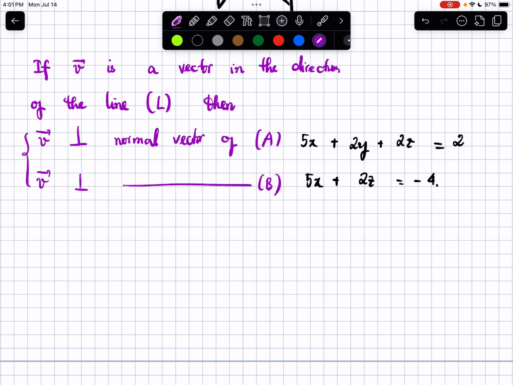And you know that the coefficients of x, y, z give us the normal vector of the plane.